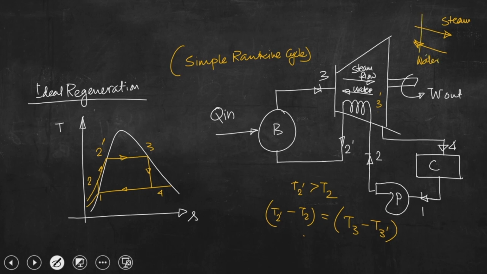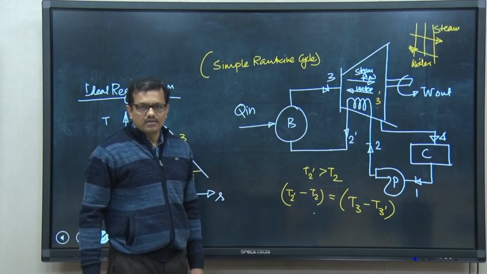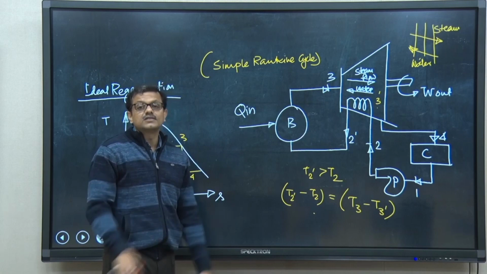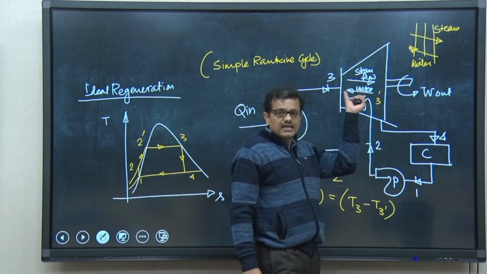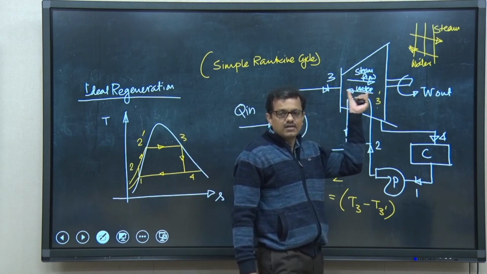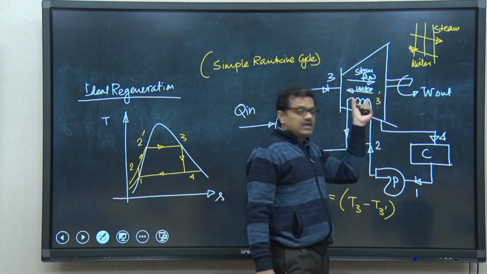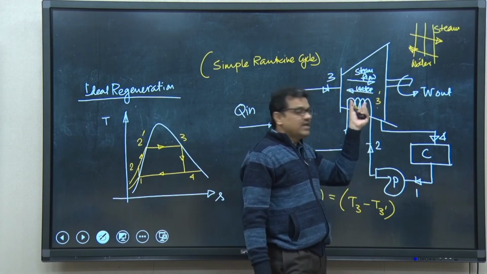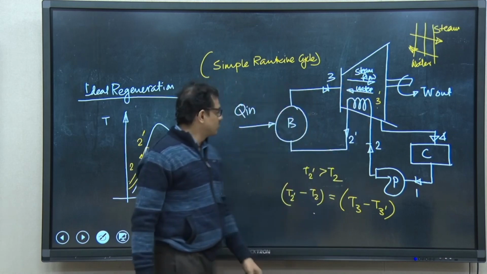If we take any cross section, at any cross section the temperature of water and the temperature of steam will be equal, if the process is reversible. Now, if we assume that this heat addition process, rather the heating up of the feed water, is reversible, then at any cross section, while water is flowing in the opposite direction to the steam flow, the temperature of steam and the temperature of water will be equal.